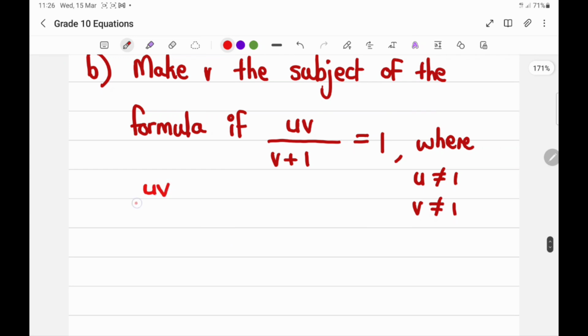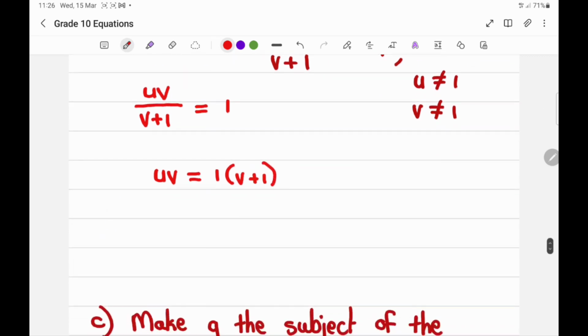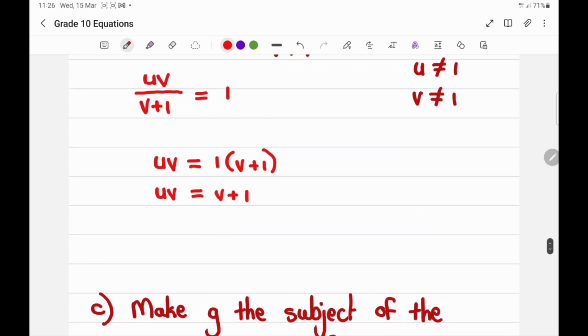So if you've got uv over v plus 1 is equal to 1, I'm going to multiply with v plus 1 on each side, so that I've got uv is equal to 1 times v plus 1, which in actual fact just gives you uv is equal to v plus 1. And now what we can do is we can divide.